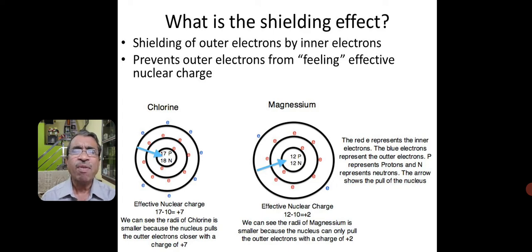So, the plus 7 effective nuclear charge, in another way, means chlorine is having more positive charge, therefore its effective nuclear charge is more. In case of magnesium, its value is only plus 2, therefore it is having less effective nuclear charge.